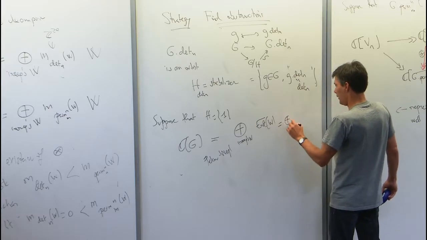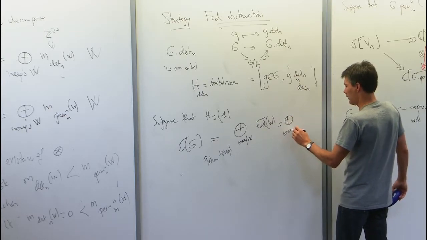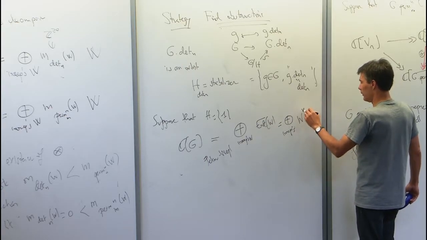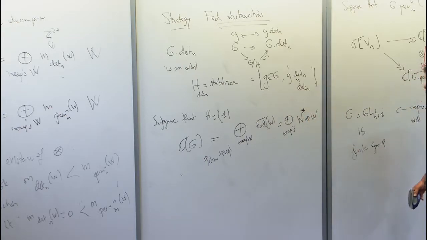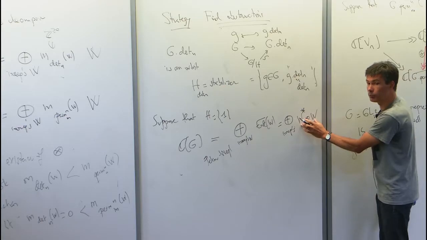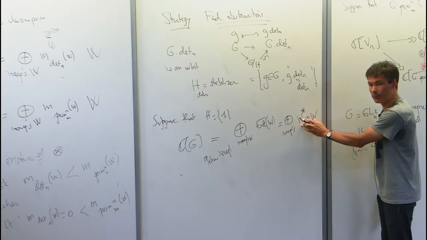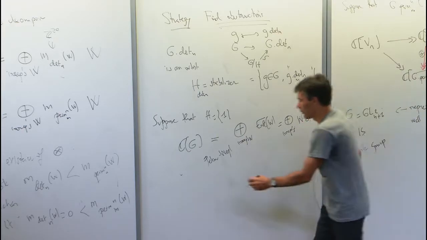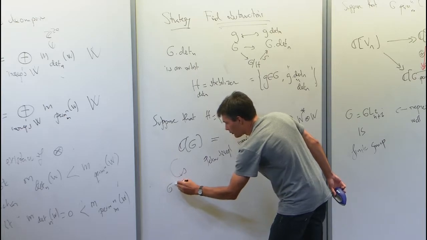Which I will write as a sum of W tensor W dual. Notice you have a tensor product of representations of G. So G appears twice because there is here an action of G cross G.